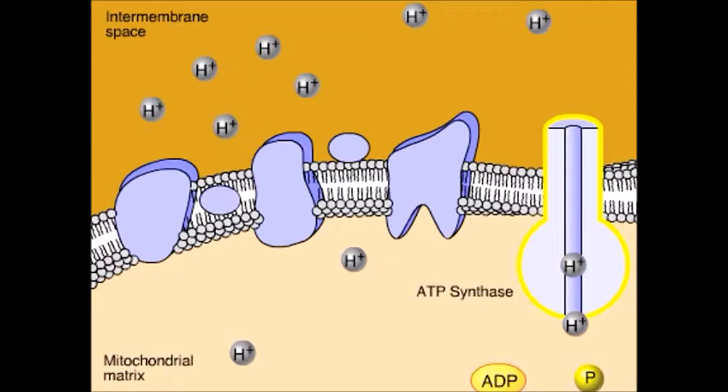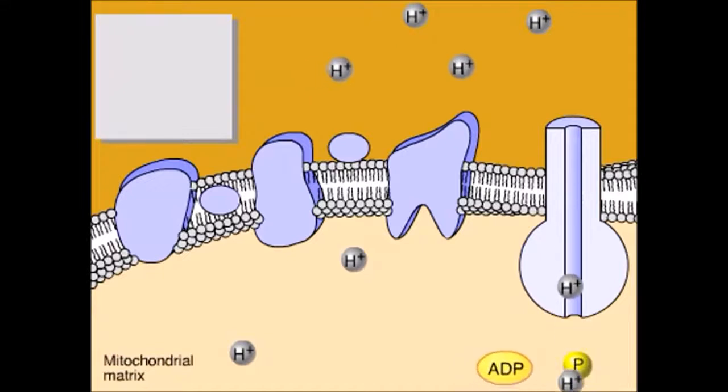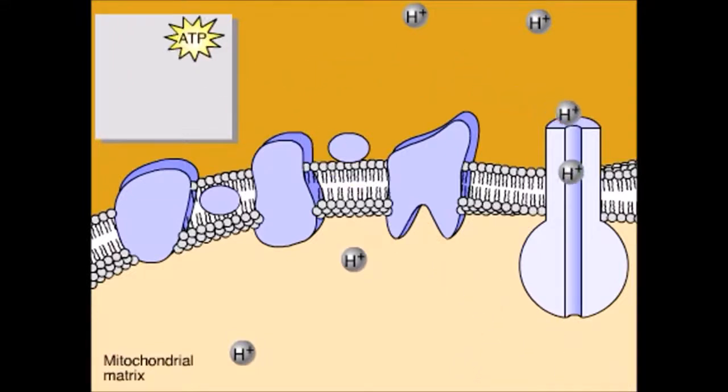As hydrogen ions flow down their concentration gradient, ATP synthase captures their energy to make ATP. Under normal conditions, almost all the ATP produced in the process of cellular respiration is manufactured by the energy that electron transport provides to ATP synthase, about 34 ATPs for every glucose consumed.